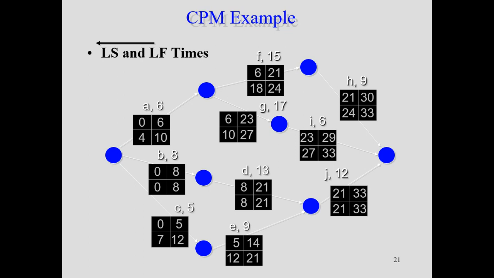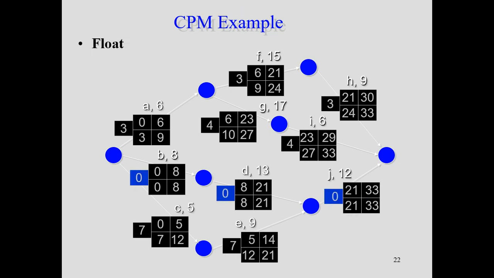Then we'll go for the next step and so on. So what we can see is that we now have 4 time estimates. The first ones are ES and EF, and these are LS and LF: early start, early finish, latest start, latest finish.